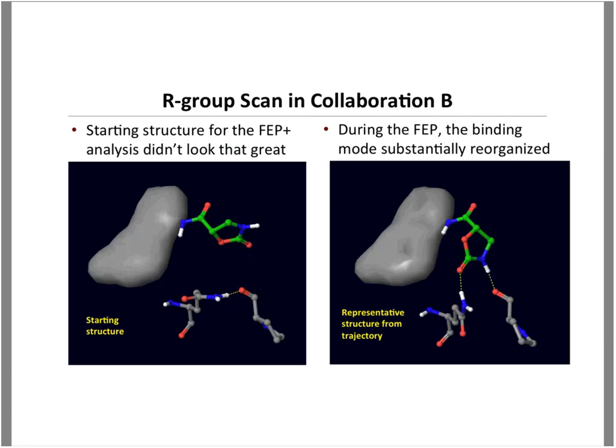So the starting position of the calculation was something like this, but at the end of the calculation, what's actually being formed is a direct hydrogen bond of the heterocycle with these two amino acids that form a salt bridge in the crystal structure of the cyclobutyl group. Obviously, this is not something you could detect using a docking algorithm because that assumes a rigid receptor structure, and even in something like MMGBSA, it's not typical to observe these types of conformational changes.